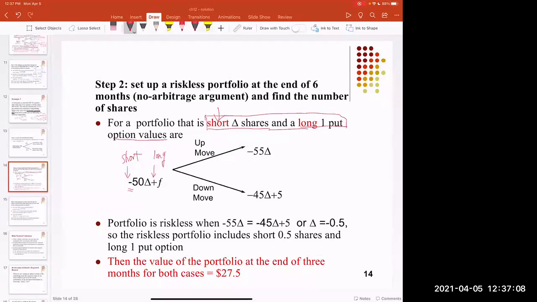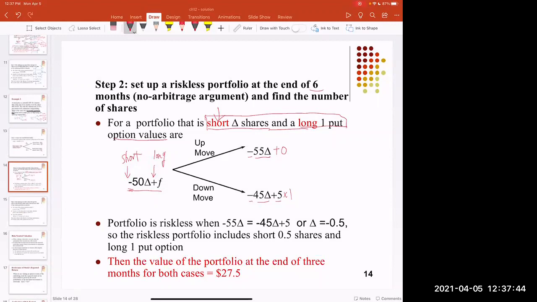That's the value of the portfolio today. At the expiration day, which is 6 months, when the stock price goes up it's negative 55 times delta, the value for shorting delta shares, and the option value is 0, so we can skip that. When the stock price goes down, negative delta shares at stock price 45, plus 5 for one option, 5 times 1, which is 5.